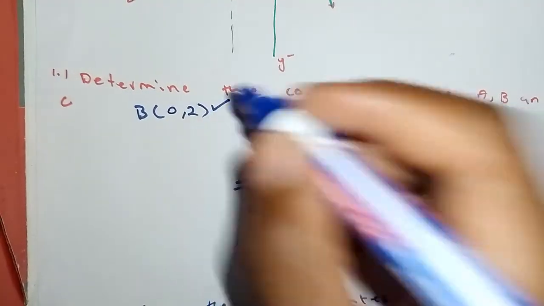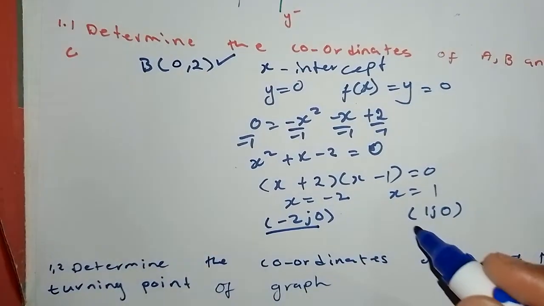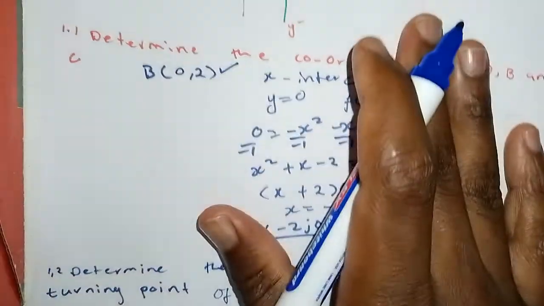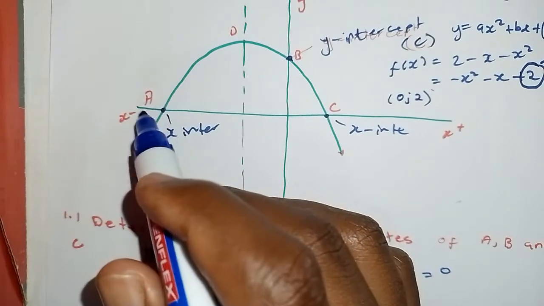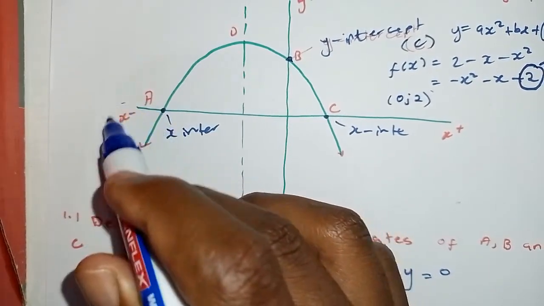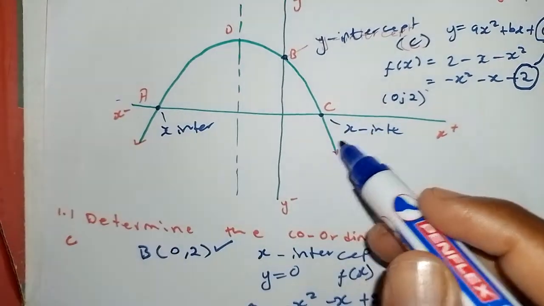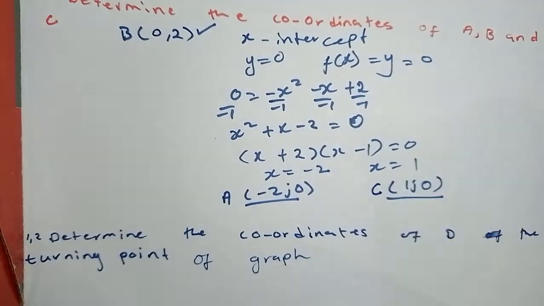Because we already have the coordinates of B. Let's go back to our graph. From our graph, the value of A is on the negative side, and the value of C is on the positive side of x. So this is A, and this is C.